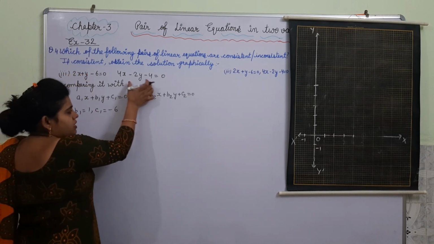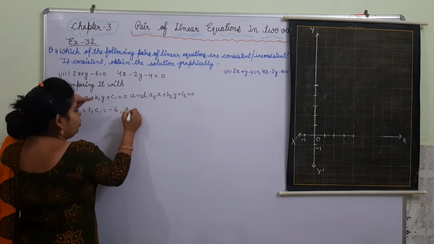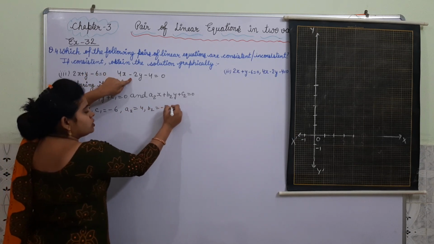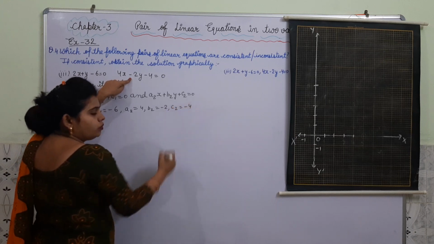Comparing the second equation, we get a2 is equal to 4, b2 is equal to minus 2, c2 is equal to minus 4.